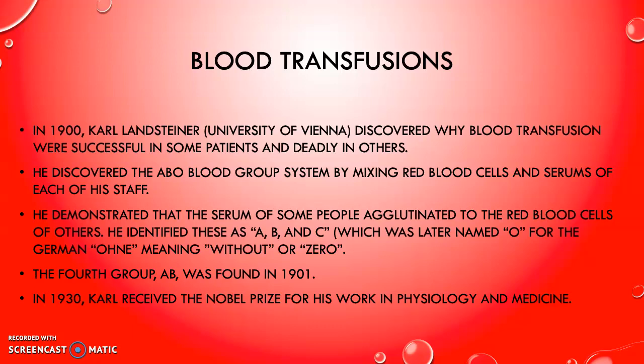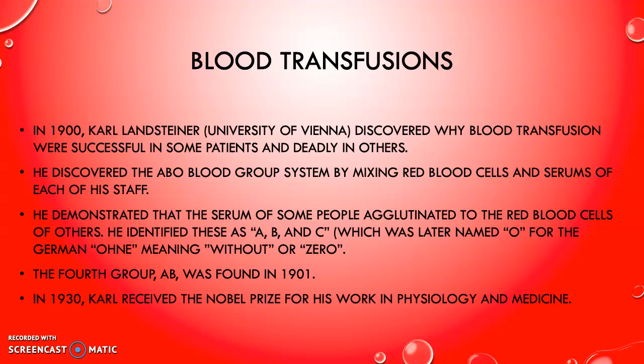On to blood transfusions. In 1900, Karl Landsteiner from the University of Vienna in Austria discovered why blood transfusions were successful in some people and very deadly in others. He discovered that the ABO blood group system, by mixing red blood cells and serums of each of his staff, has a lot to do with why these transfusions were successful or deadly.